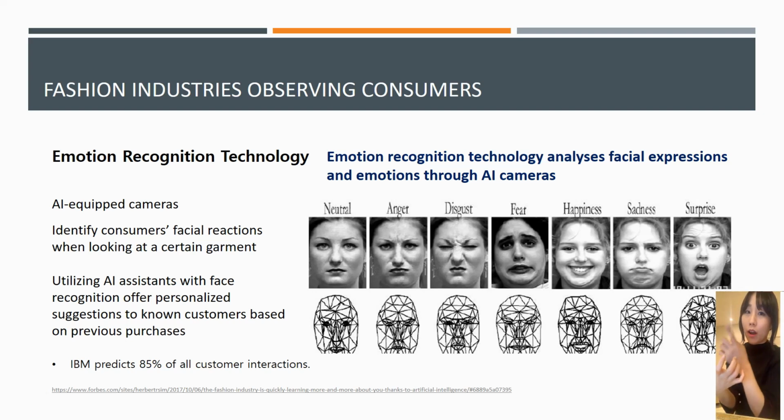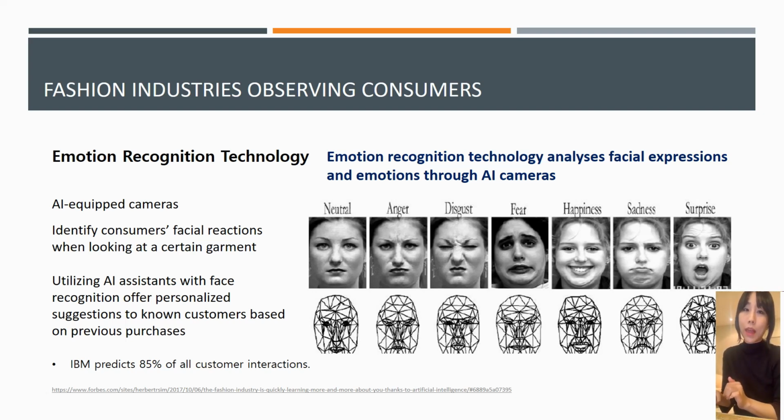You have a camera in front of you, and if you just select or accidentally click on "I agree to submit my data to help you make better services," in that case they can access your camera to scan your face and see how satisfied or unsatisfied you are on looking at certain garments that you're considering purchasing.